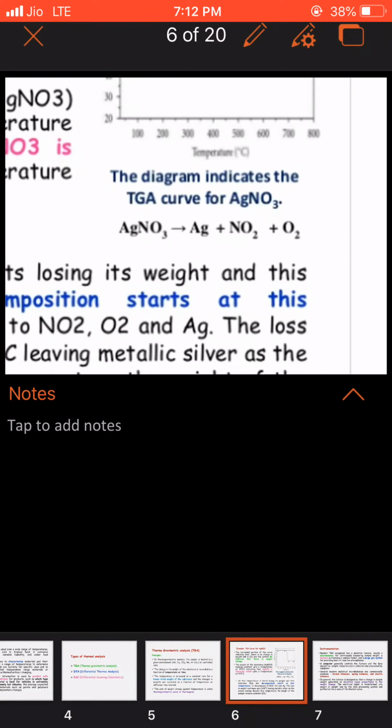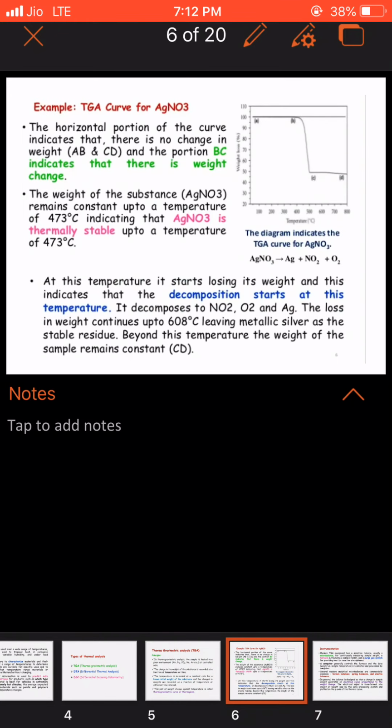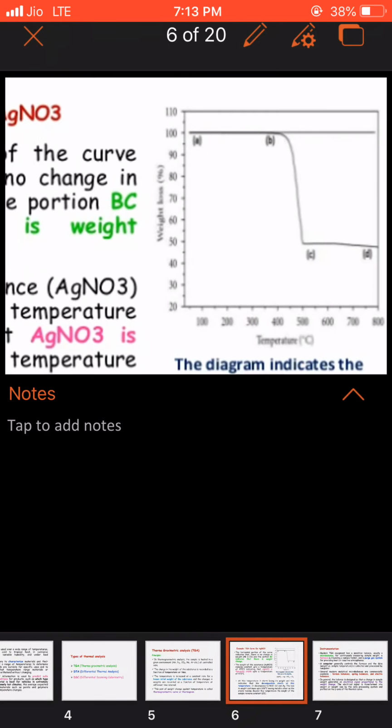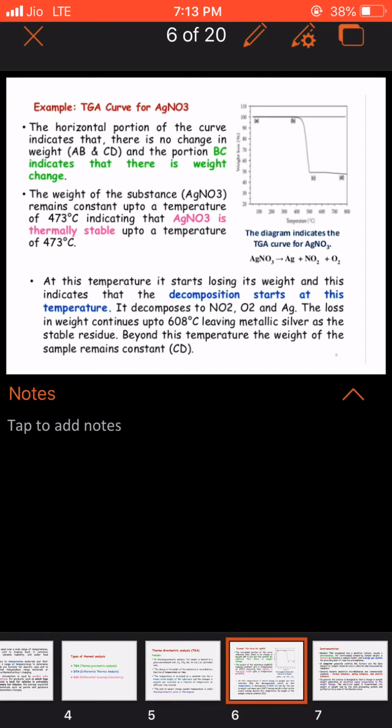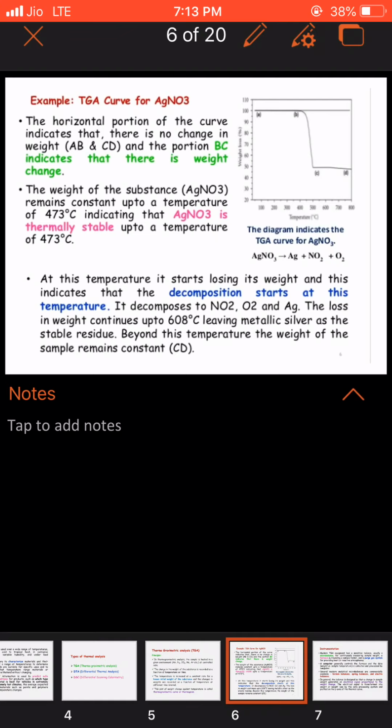So this is the equation that indicates what has got lost. Silver nitrate got converted to silver, and NO2 and O2 gases are liberated. So this kind of curve indicates there is a decomposition that starts at this particular temperature, which is here almost around 400, and by the time it reaches 608 degrees here, the curve again goes horizontal, which means there won't be any other weight loss.